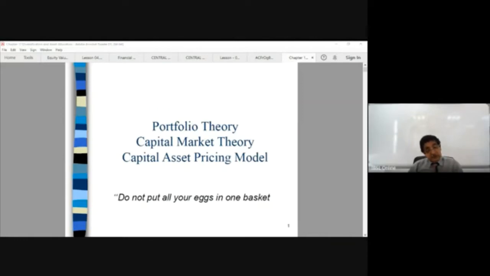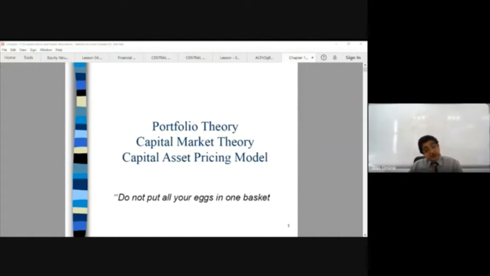Then we went to another theoretical operation which we call the capital asset pricing model. The capital asset pricing model is a mathematical relationship between two variables. One is the beta of the particular stock or whatever, and the other one is the return.